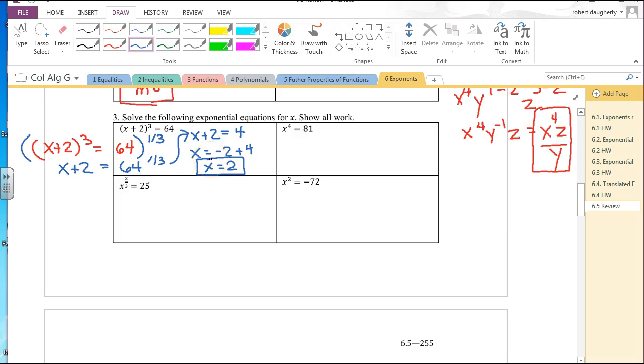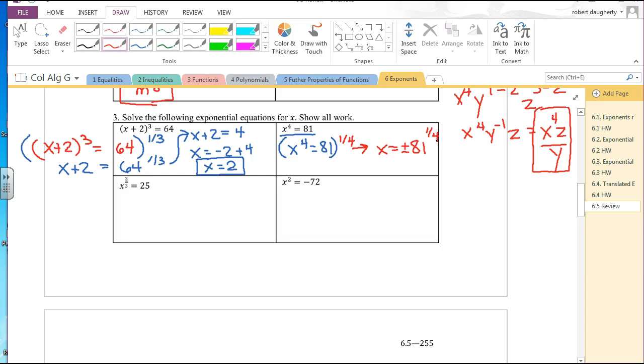X to the 4th equal 81. That exponent 4, that's even. That's an even exponent, so I'm going to have to take the 4th root, and I'm going to get a plus or minus in my answer. So if I have x to the 4th equal 81, I'm going to raise everything to the 1/4 power, and then I'm going to get x equal plus or minus 81 to the 1/4.